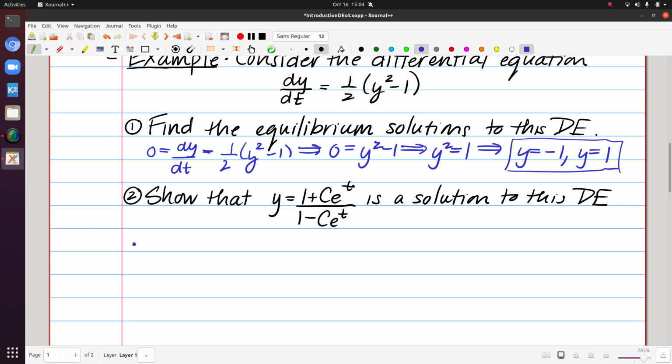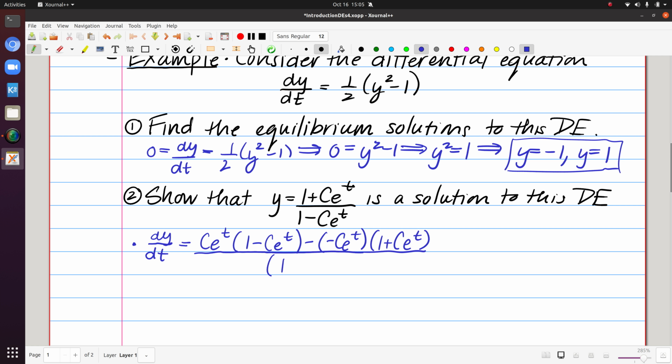So to start with, the derivative here, if I use the quotient rule, the derivative of the top is c e^t. We multiply that by the bottom, and we can then take the minus the derivative of the bottom times the top. In the denominator, we square the given denominator.